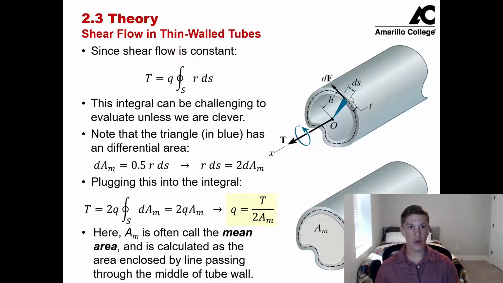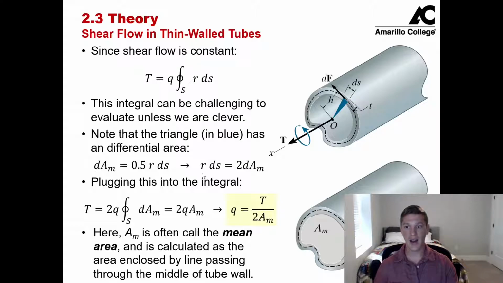Okay, so now that we're looking at this surface here, we notice that for our differential arc length ds, we can create this blue triangular area here, and I'm calling the height of the triangle r, which is the distance from the centroid to the mean distance between the inside thickness and the outside thickness.